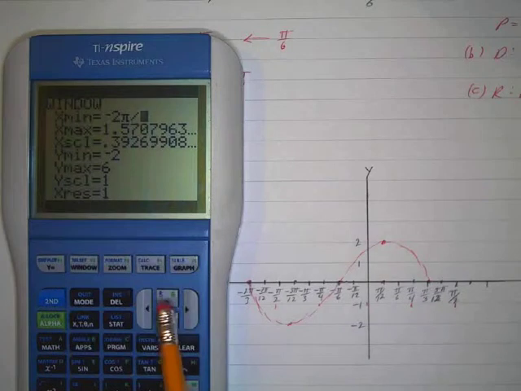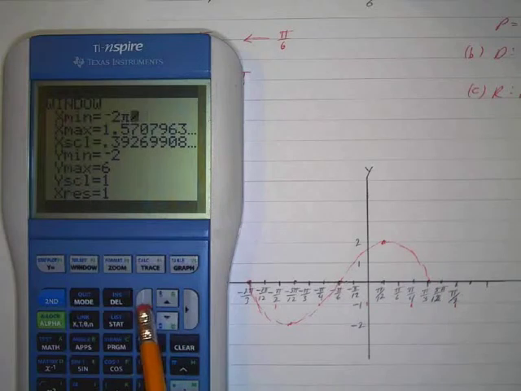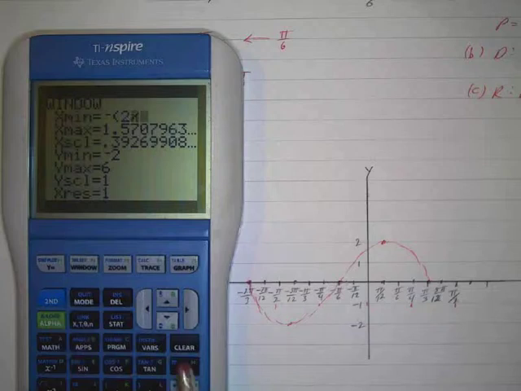Yeah, you got to be careful with these fractions. Sometimes you have to have parentheses around here, so I'm just going to put that in just to play it safe. Parentheses, negative parentheses, 2 pi, parentheses divided by 3. And then I'm going to go to pi over 3.